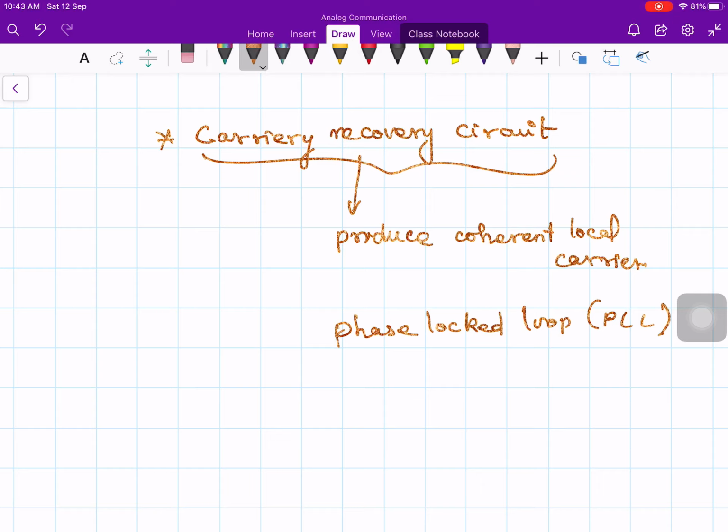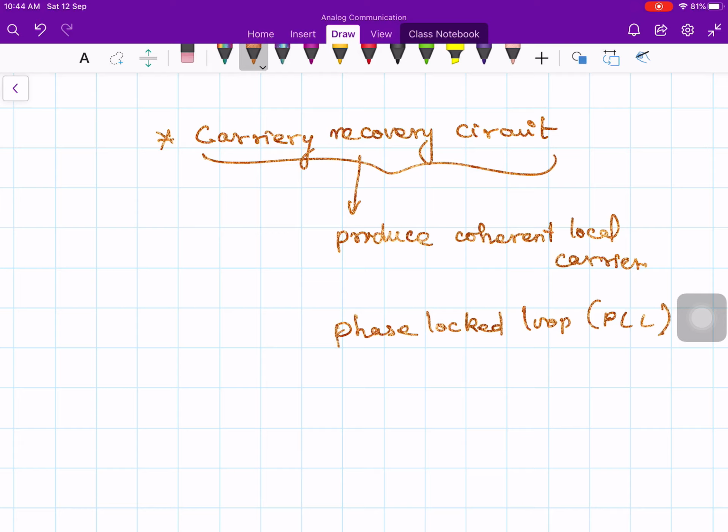If you include the carrier, then that is called double sideband with carrier. Whatever we have been discussing till now is all without carrier. So if you include the carrier, then sometimes people call it conventional AM, conventional amplitude modulation, or double sideband with carrier amplitude modulation. That we will see in the next lecture.